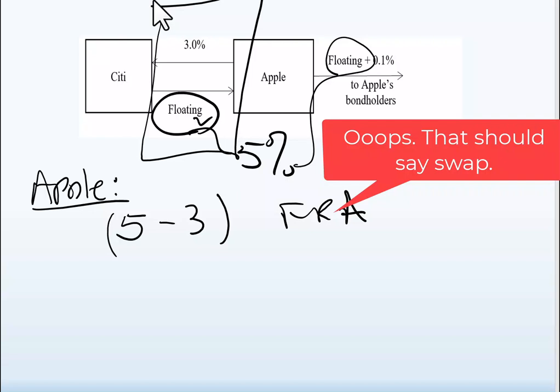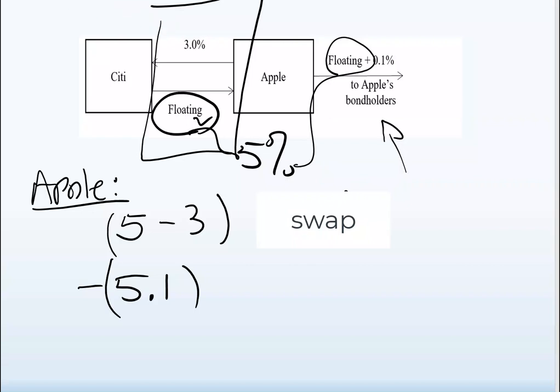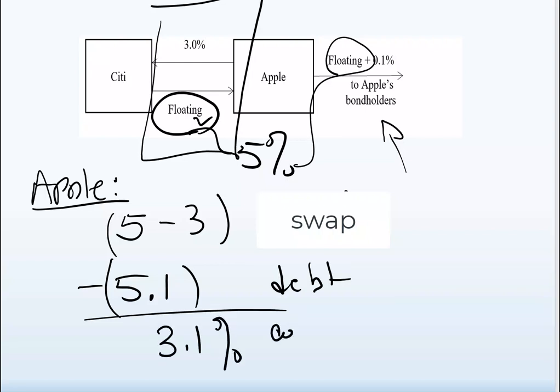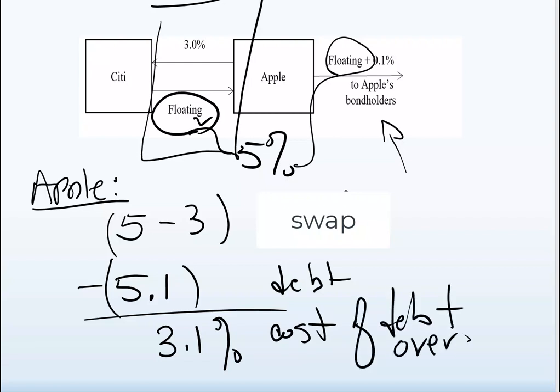Apple is making payments of minus 5.1%, the total of 5 plus the 0.1%. And this is the cost of debt. And so the sum here is going to be 3.1% is the cost of debt, what I'll call overall, the sum of the swap plus the debt outstanding.